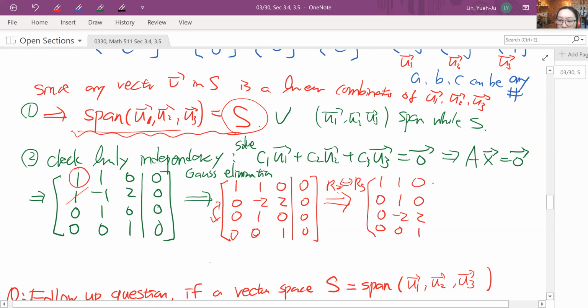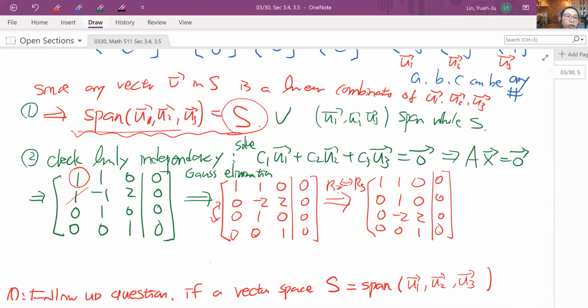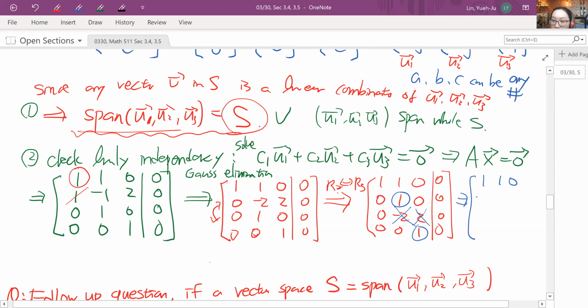After I reach this point, this is very easy to solve now, because you only have this 1 here, you can cancel out this -2. You also can take this 1 to delete that. So eventually, skipping some steps, you should be able to see something like this, 0, 0, 0, 0, 0, 1.